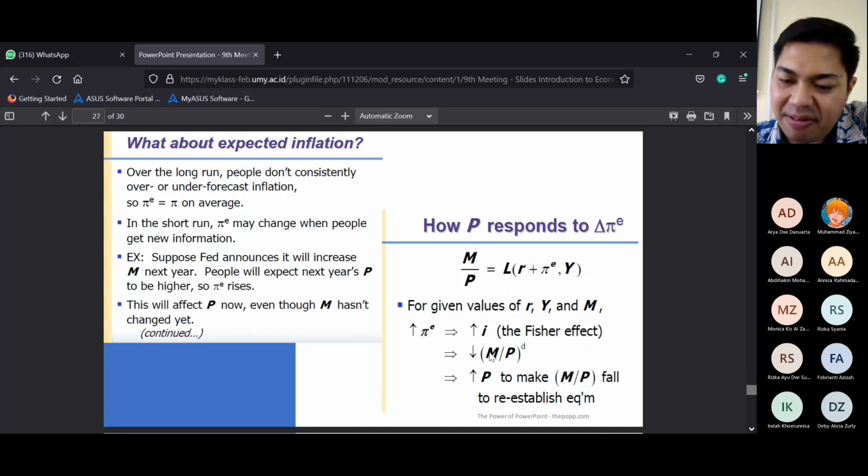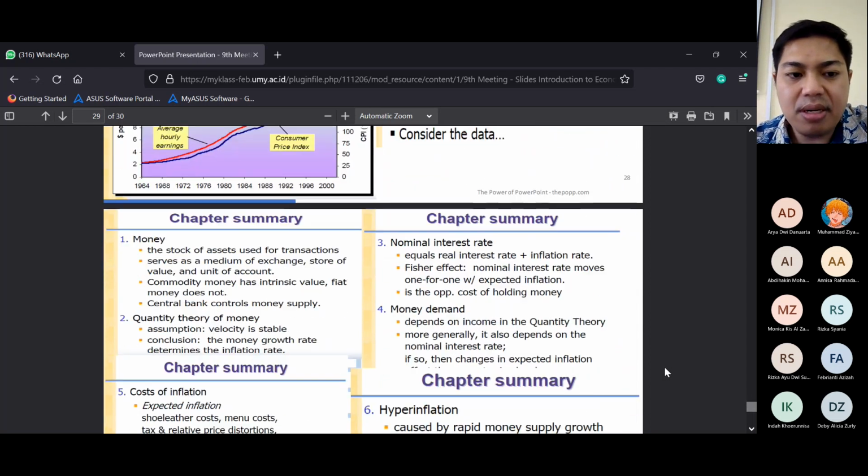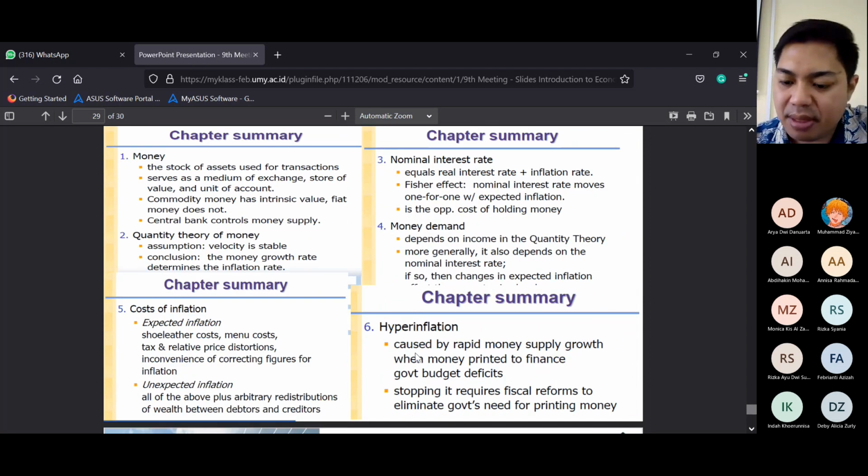In the midst of higher inflation, you would be better off holding assets rather than money, for example derivatives, bonds, stocks, gold, or commodity goods. Because the price is higher, M over P fails to re-establish equilibrium. Read the rest on your own. And here is the summary.